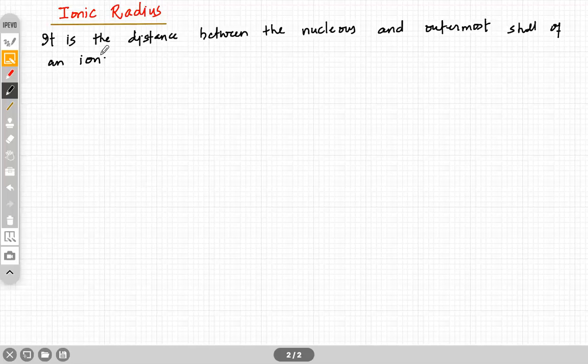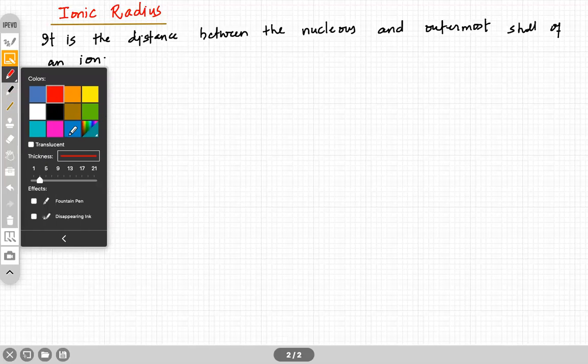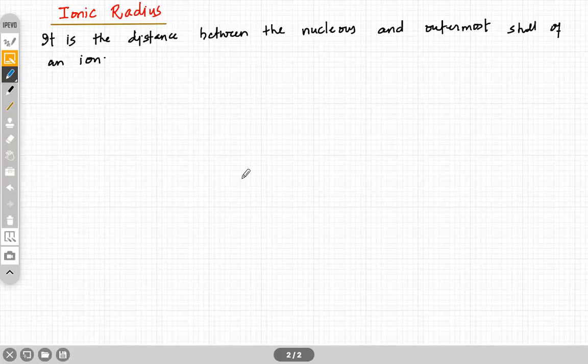So if you have any atom, an atom can have positive or negative charge, or it can be neutral also, right? If you have the cation of an atom, then the radius of cation is lesser than the radius of that atom.